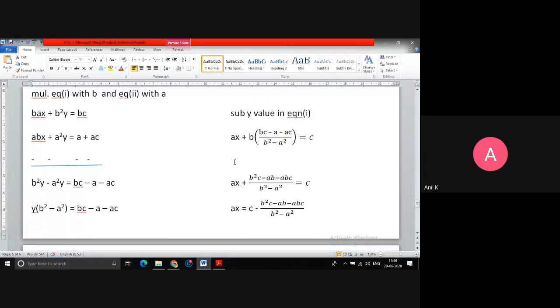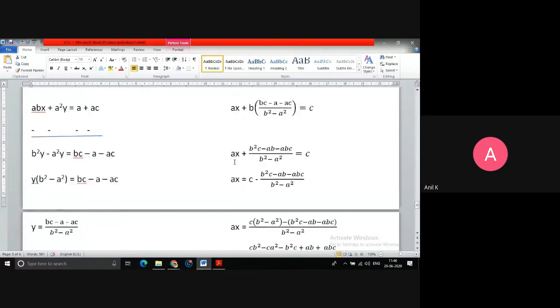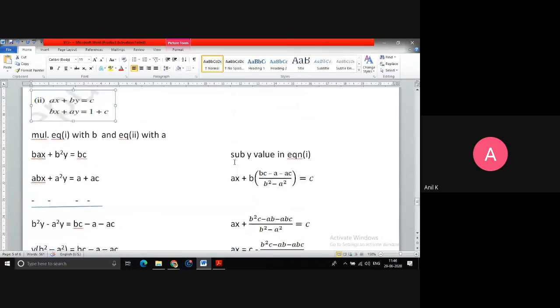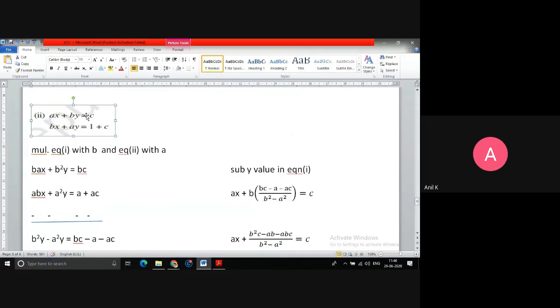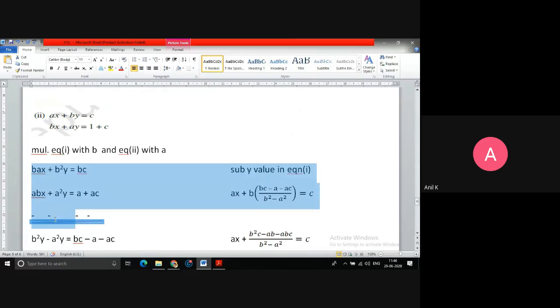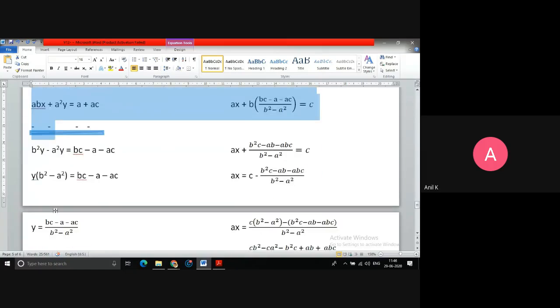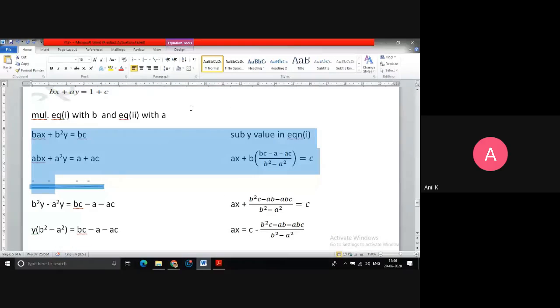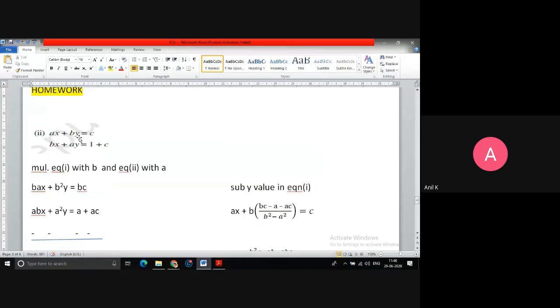I have done the difficult step here, but I suggest you not to go this way. My personal opinion is to solve for x the same way I solved for y. Again, take equation 1 and 2, multiply 1 with a, multiply 2 with b, so that the y terms will be eliminated. You get the x value in the simplest way.